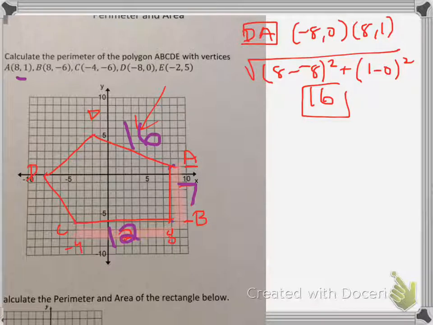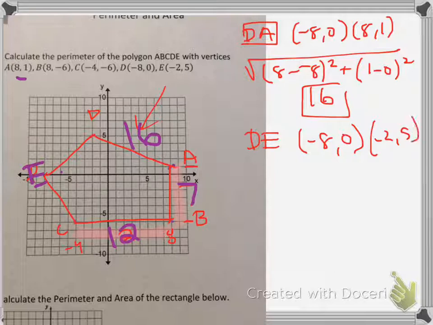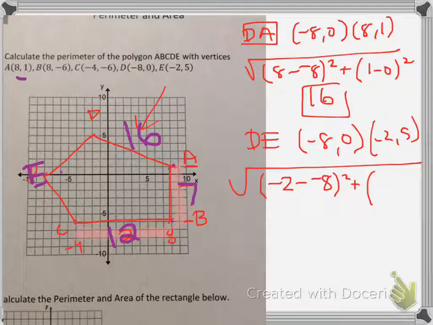All right, now let's pick another side to do. That's E. So let's go D to E. D's ordered pair is negative 8, 0. E's ordered pair is negative 2, 5. And we're going to shove it through that distance formula again. So x2 minus x1 squared plus y2 minus y1 squared.